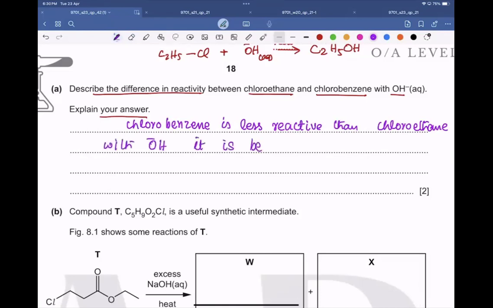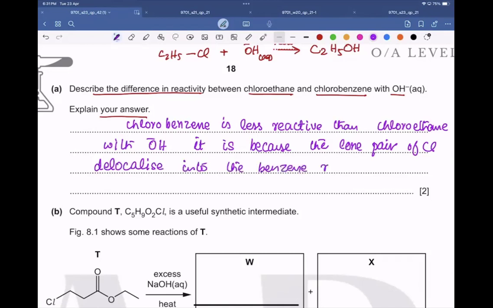It is because of the lone pair of chlorine, the same thing. It has a lone pair that is delocalized, or you can say overlapped, into the benzene ring.